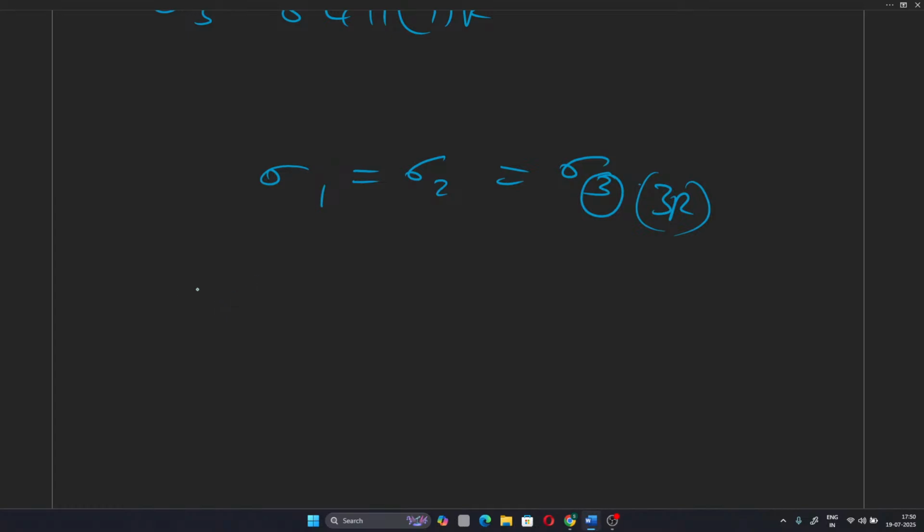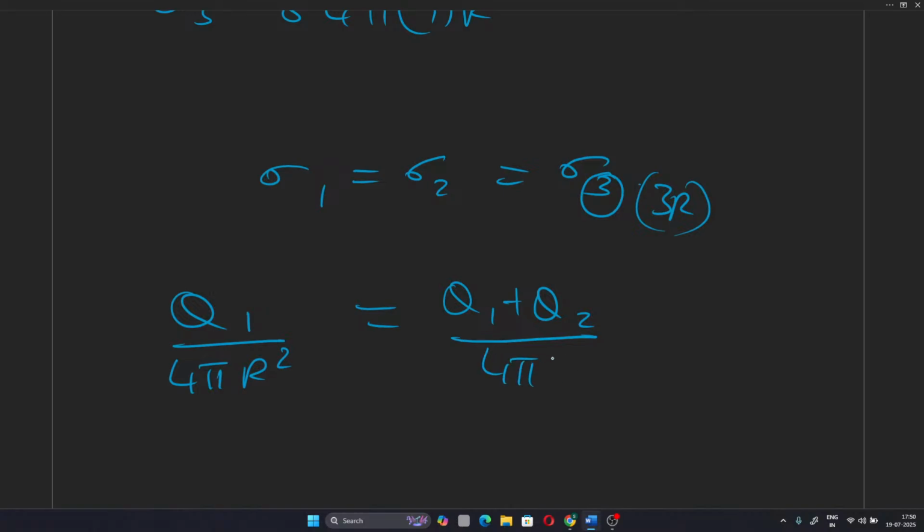Now it should be the case that q1 by 4 pi r square should be equal to q1 plus q2. This q1 charge is due to induction from the inner shell. q1 plus q2 by 4 pi 4r square is equal to q1 plus q2 plus q3 by 4 pi into 9r square.